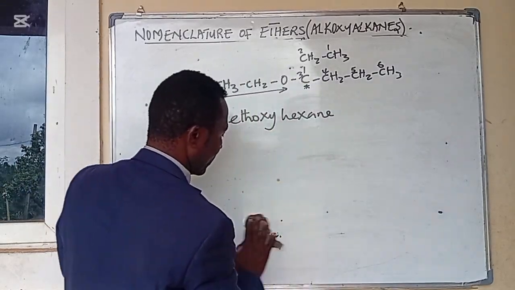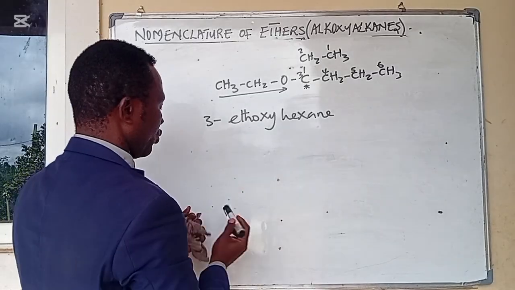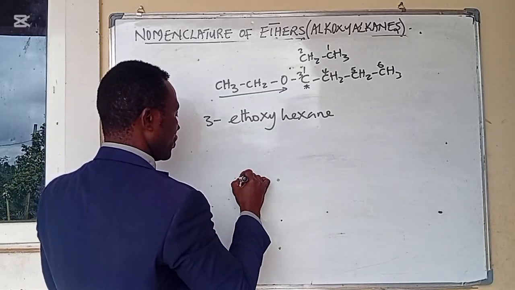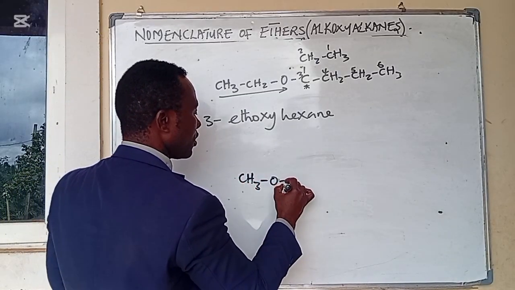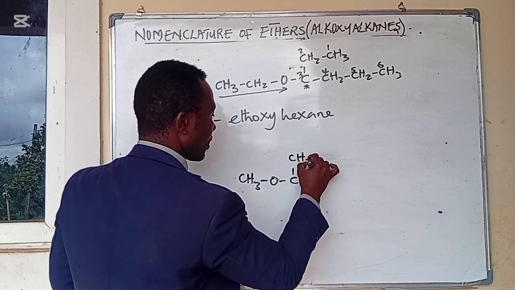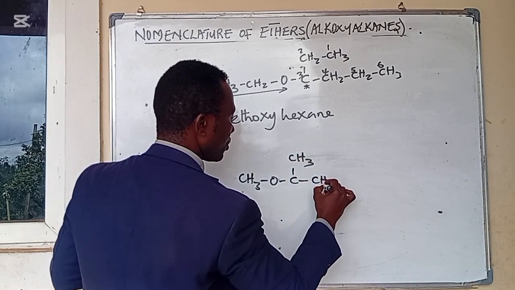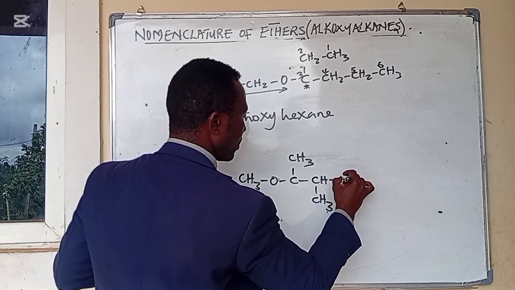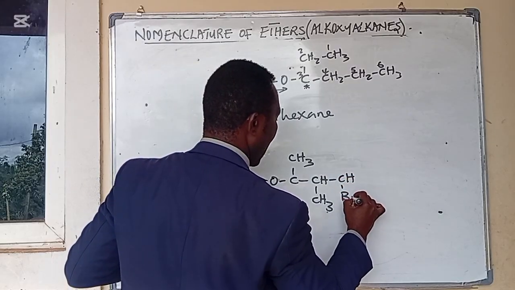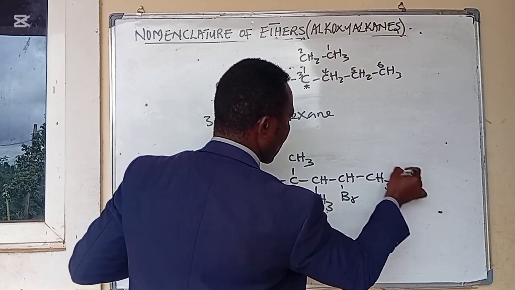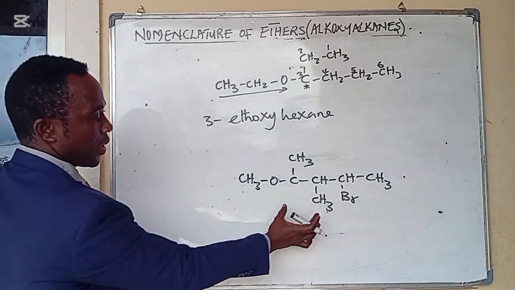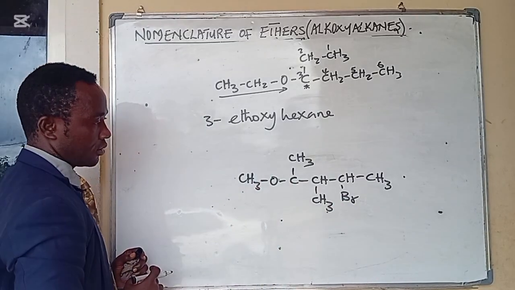Now let me take a situation where you have CH3O, then CH3, then CHBr, then CH3. We have methyl and bromo substituents.